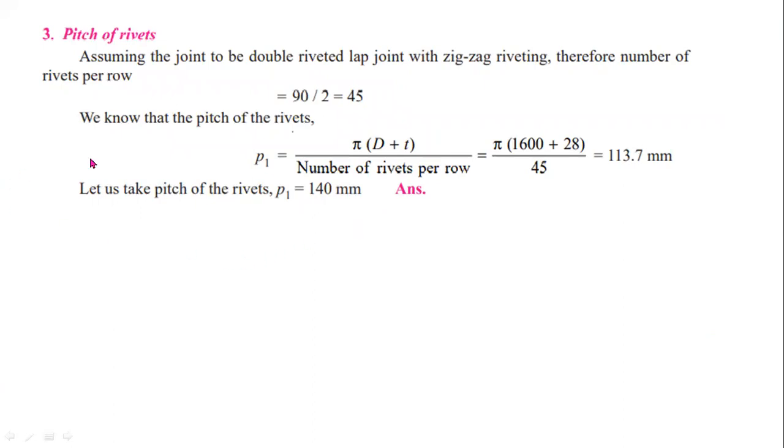And after that, you have to determine the pitch of rivets, that means the distance between two successive rivets. P1 equal to pi into (D plus t) divided by the number of rivets per row. Here, D plus t indicates the outside diameter.